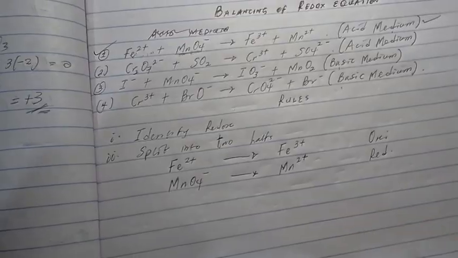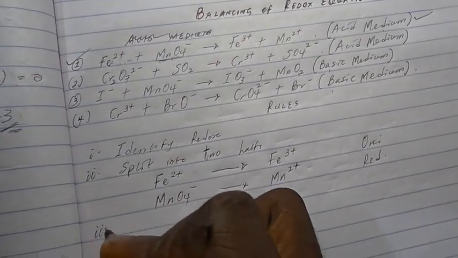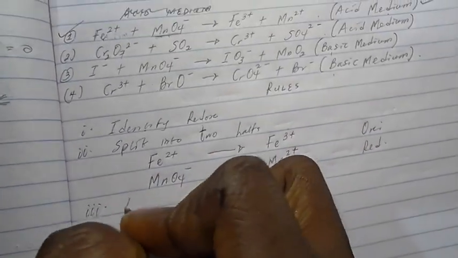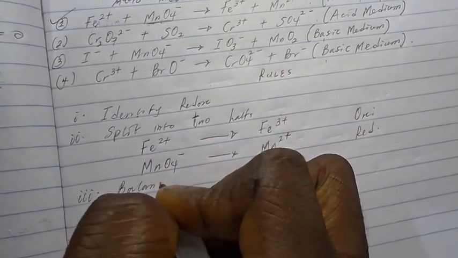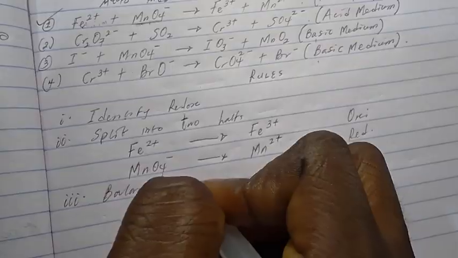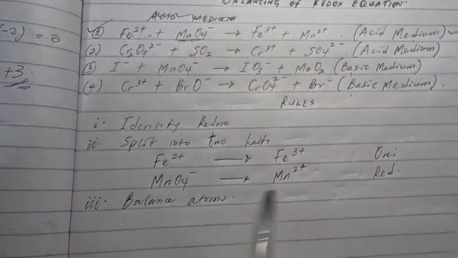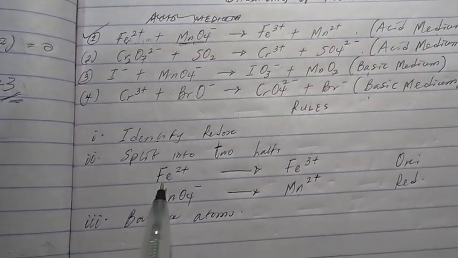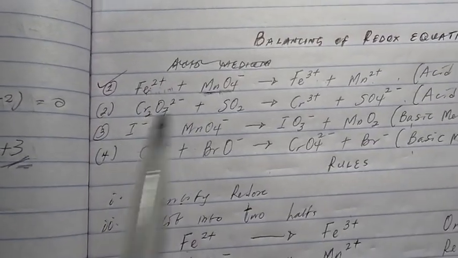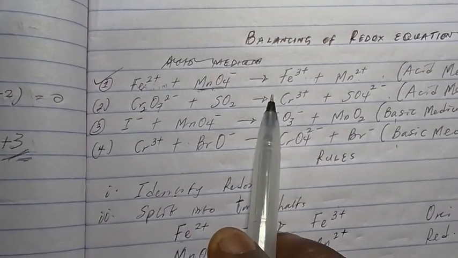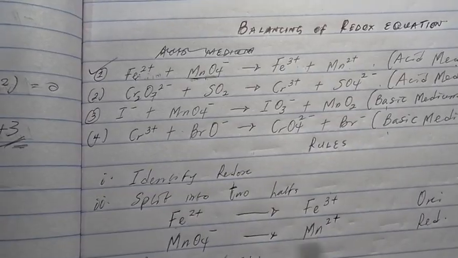So the next thing is you balance the atoms. That's the next rule: balance atoms aside from oxygen. In your own example, there are two chromium here and one chromium here, so you might have to add two here when you are balancing the atoms.